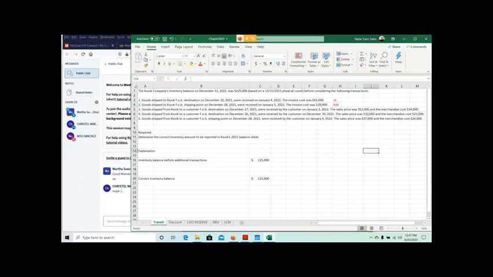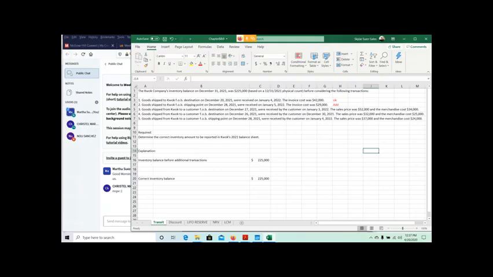In terms of number three, we have goods shipped from Quark. Now Quark is the seller, and Quark is shipping this FOB destination on December 27th. The buyer did not receive it until January 3rd.